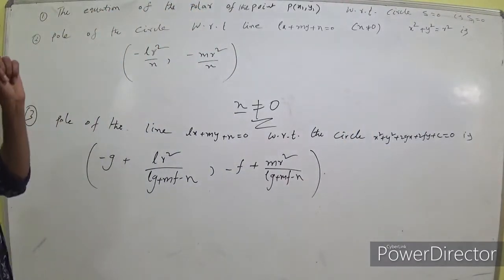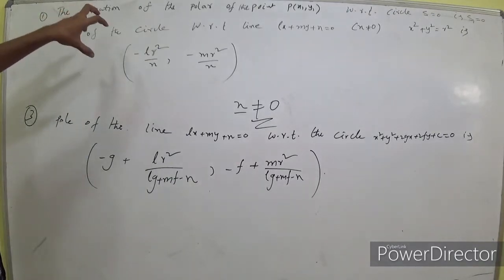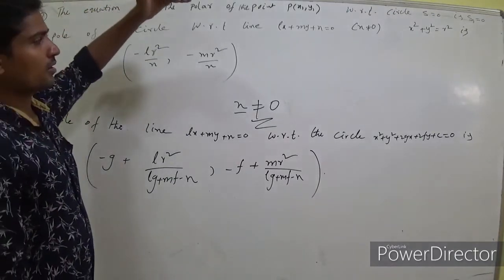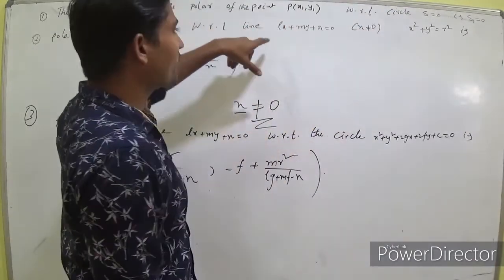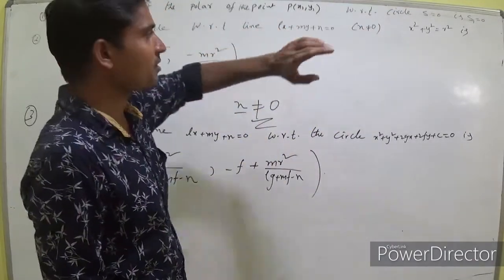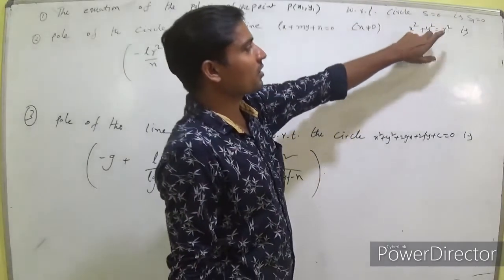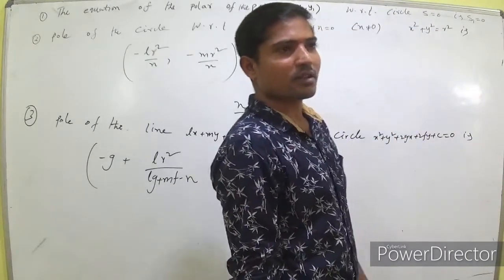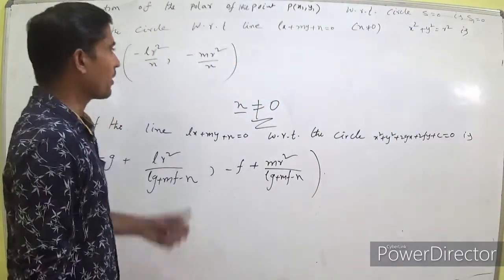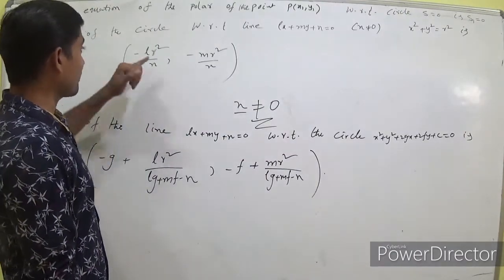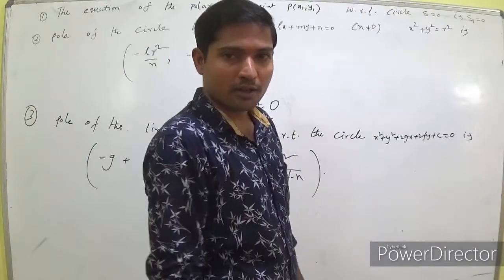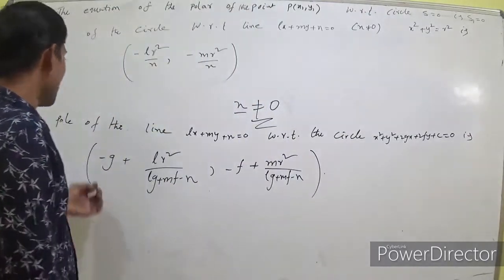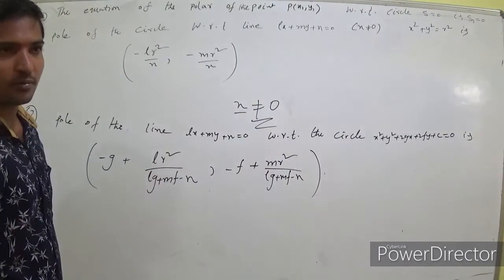Pole of the line lx plus my plus n equal to 0, circle is x square plus y square is equal to r square, then minus lr square by n, minus mr square by n. Here n not equal to 0.